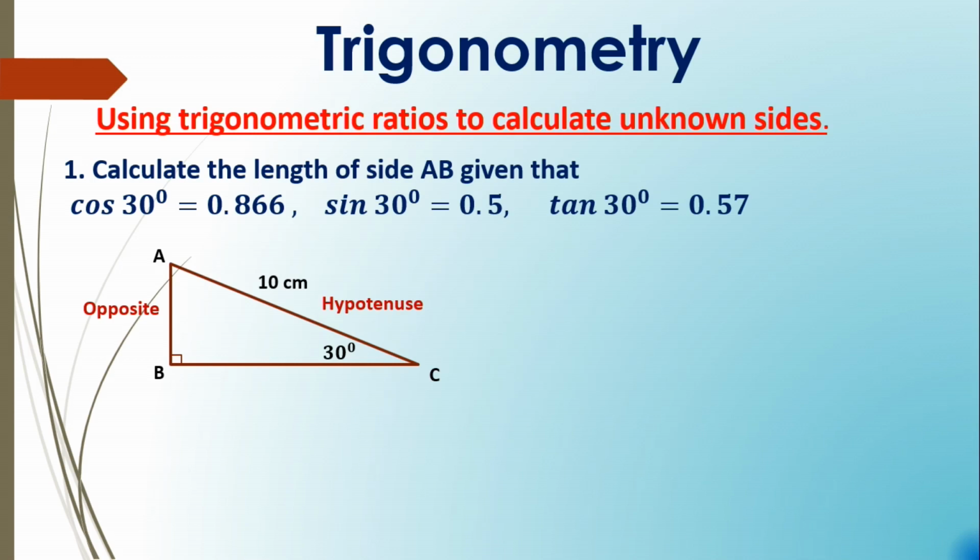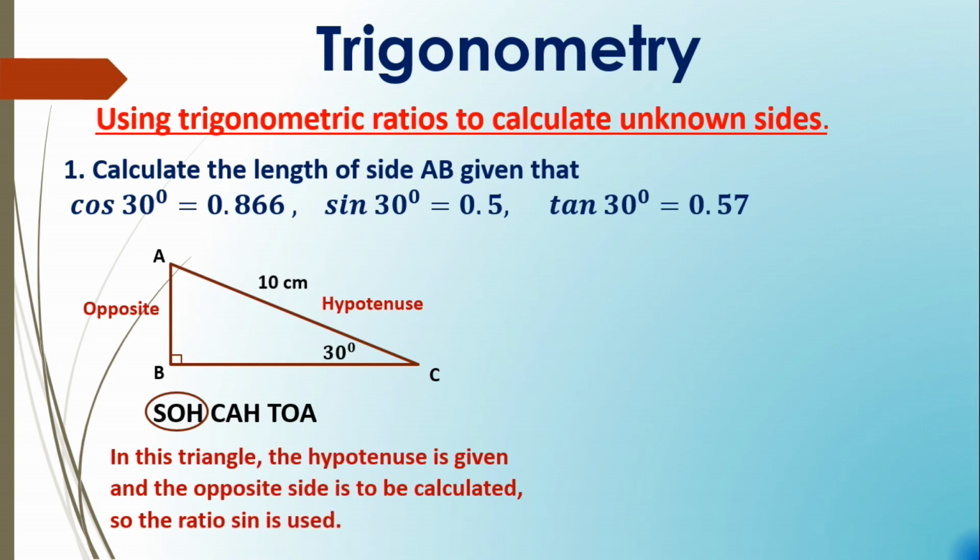So analyzing these 2 given factors, the opposite side and the hypotenuse, we are going to decide which trigonometric ratio we are going to use to obtain the length of AB. Remembering the acronym SOHCAHTOA, you will notice that we are going to use the trigonometric ratio sine. So we can write in this triangle, the hypotenuse is given and the opposite side is to be calculated, so the ratio sine is used.